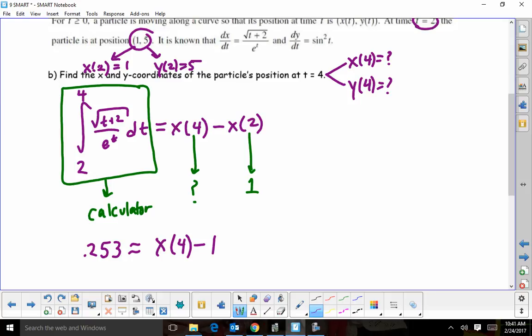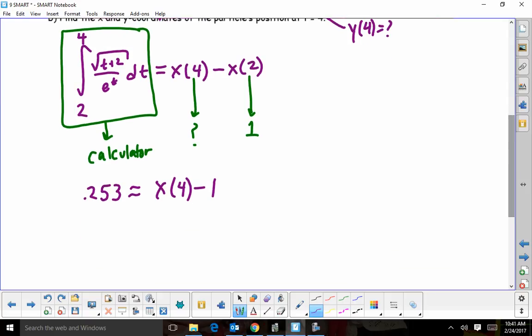Okay, so let's look at this. I said that was in the calculator and it gave me this answer. That's what I'm trying to find, and that was already given to me as well. So now it's an algebra 1 problem. What does x of 4 approximately equal? 1.253.